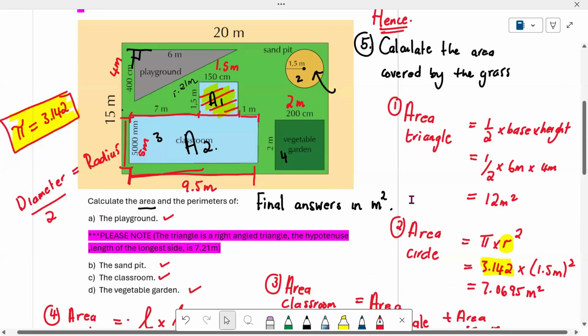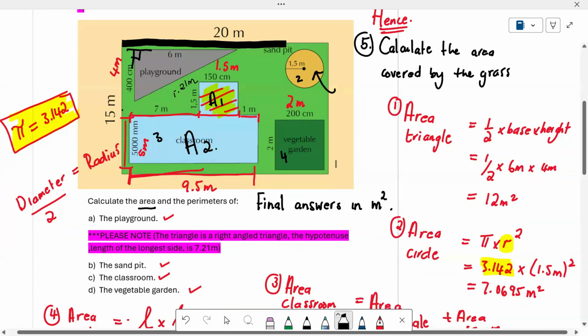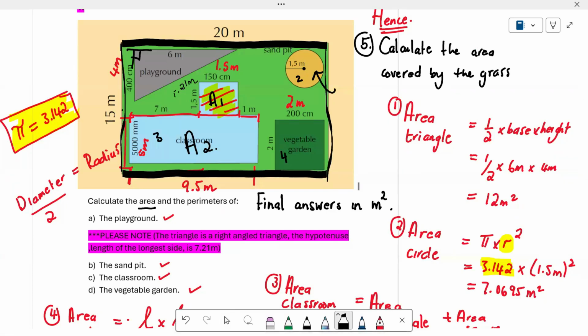I have a question. Are we not supposed to first calculate the shape, the 16 meter and the 17 meter? Yeah, guys. Firstly, you are correct. For us to be able to calculate the area that is covered by the grass, we first need to calculate the area of this entire yard. I'm trying to indicate it with my drawings here, but it's becoming a bit messy.